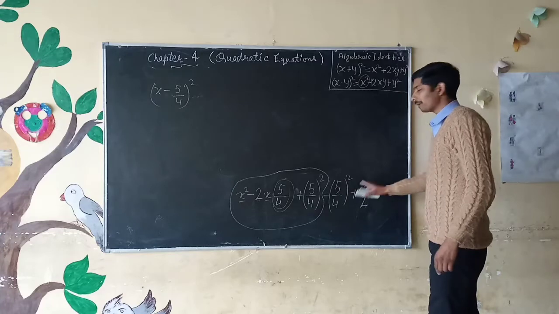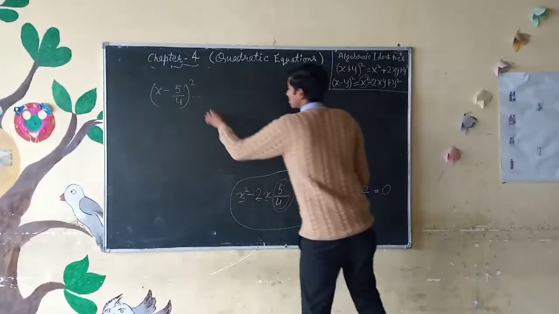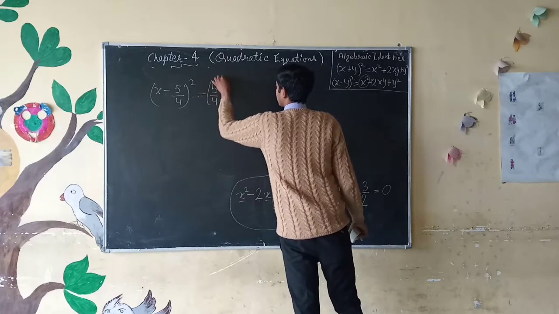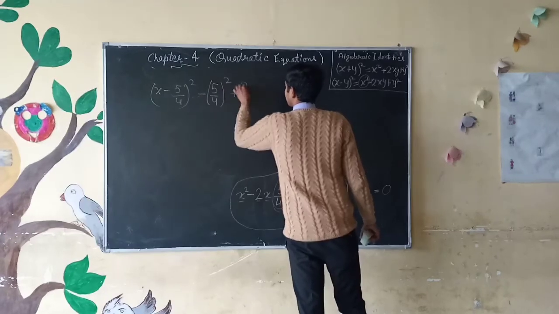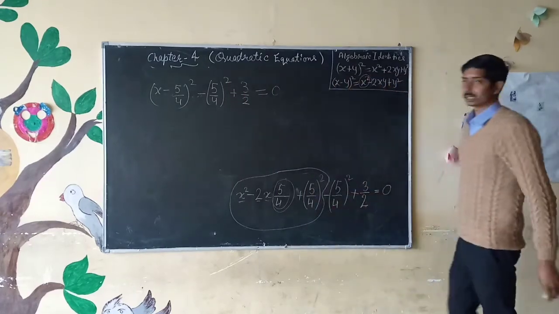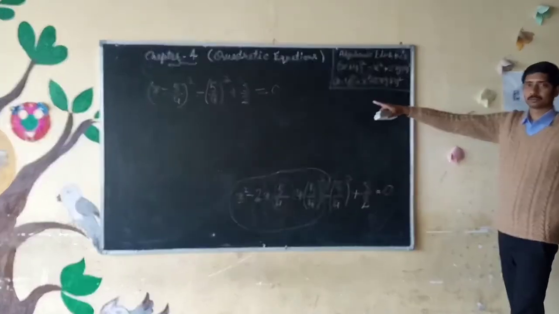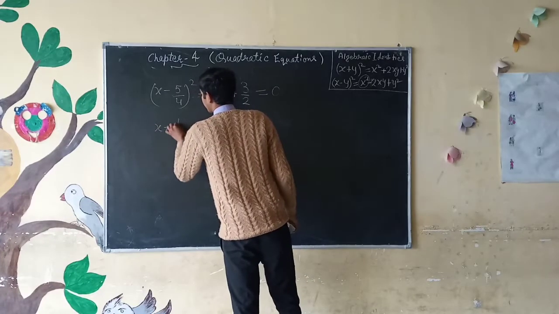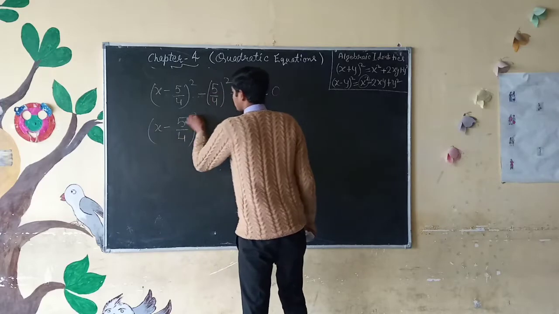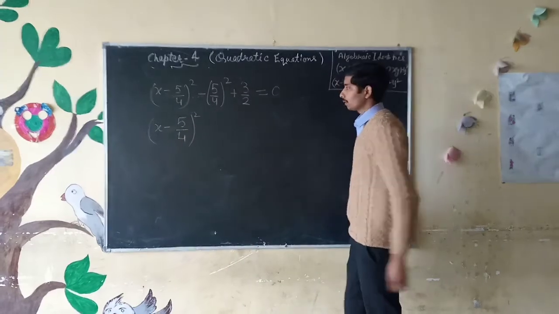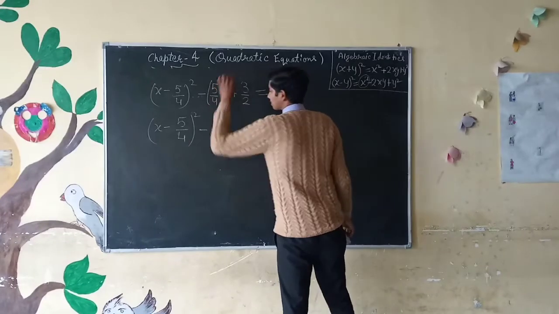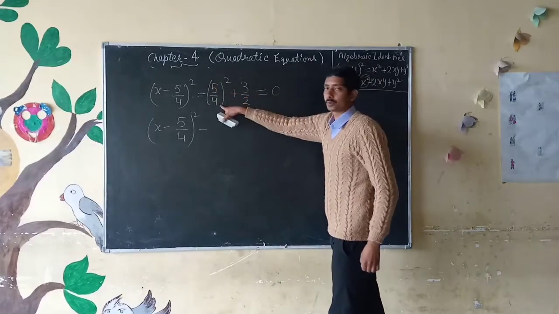And the rest of the part will remain the same. Minus 5 upon 4 whole square plus 3 upon 2. Okay students? Can I write it like this? X minus 5 upon 4 whole square minus 5 upon 4 whole square means 5 square upon 4 square.